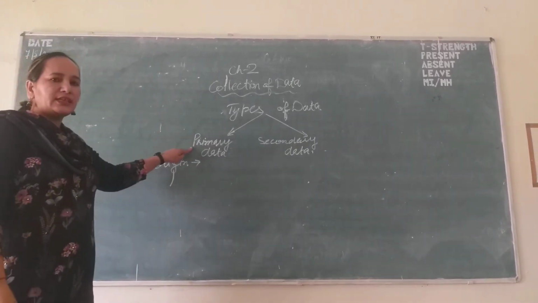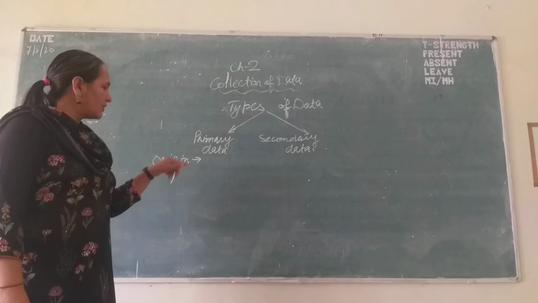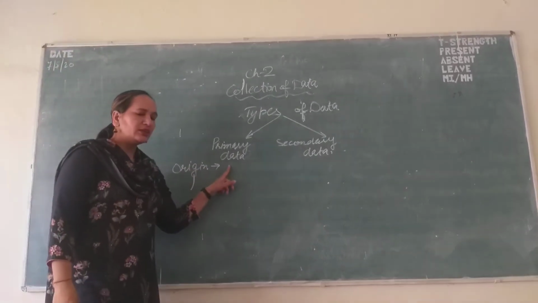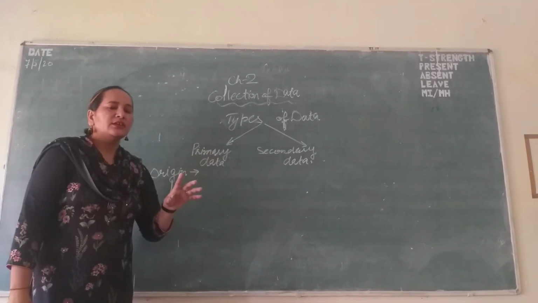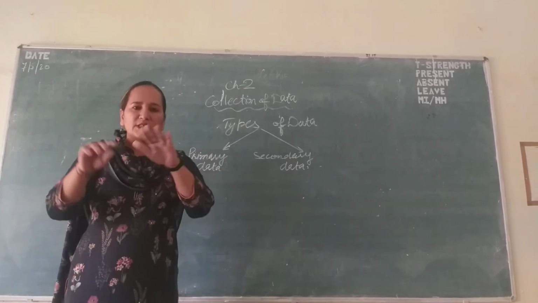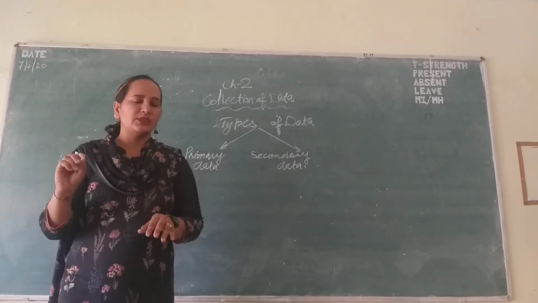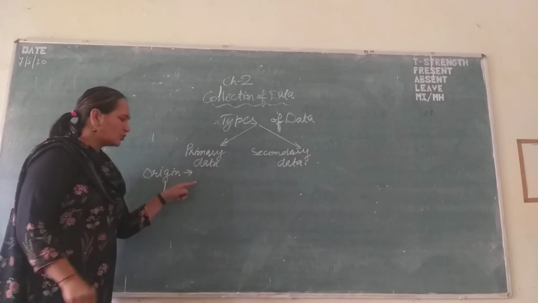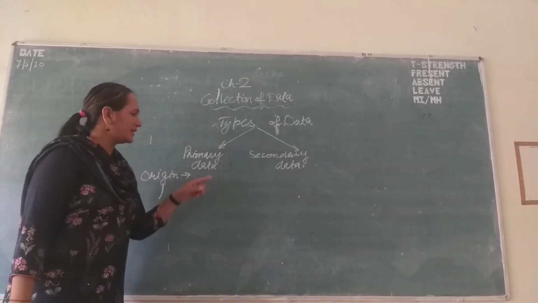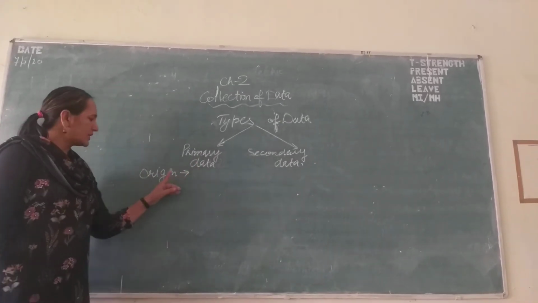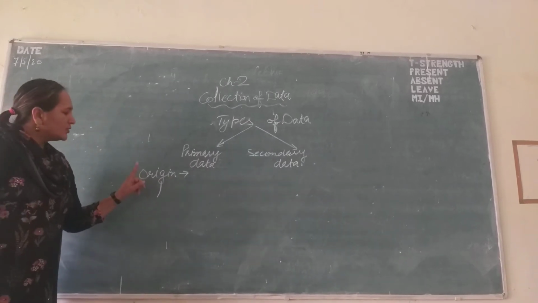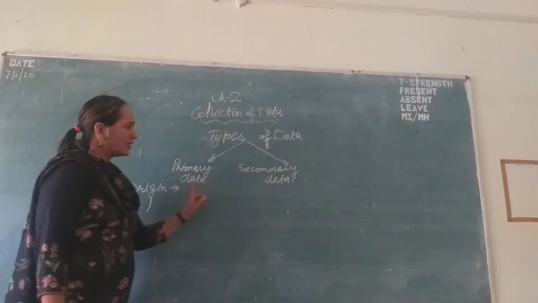Like I have collected literacy rate from Daksha while visiting house to house, then Daksha is my primary source and whatever data I collect, that is my primary data because I have collected it from the source of origin.